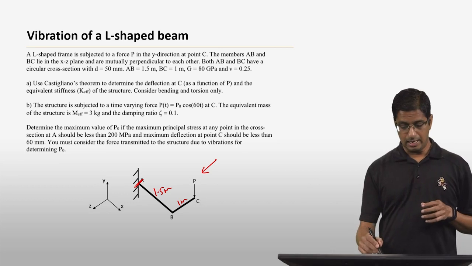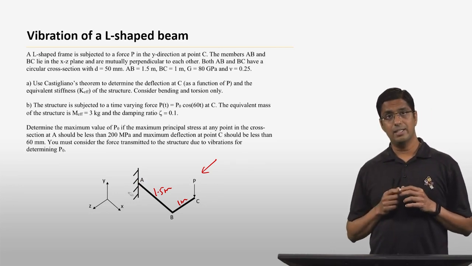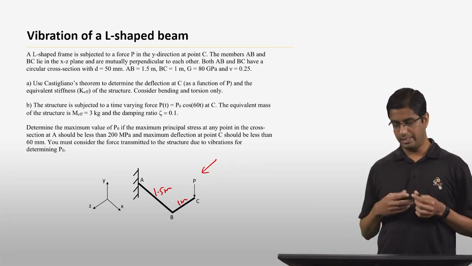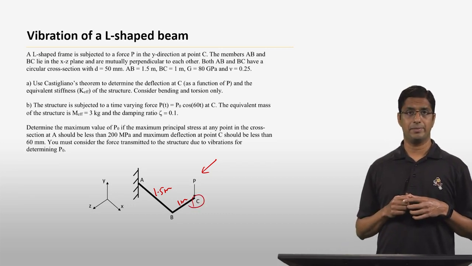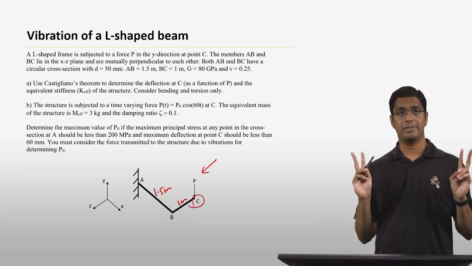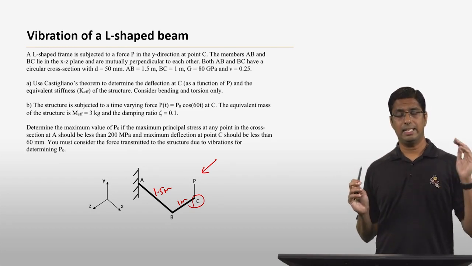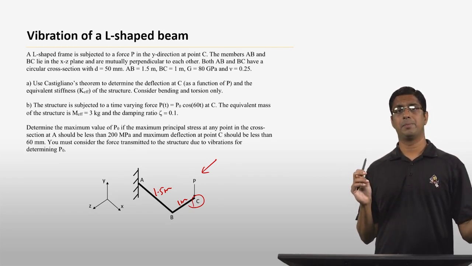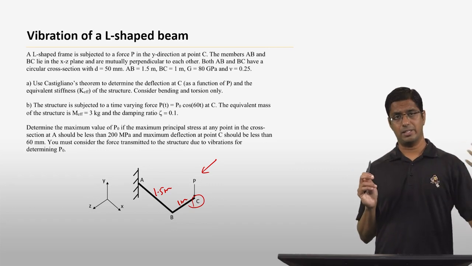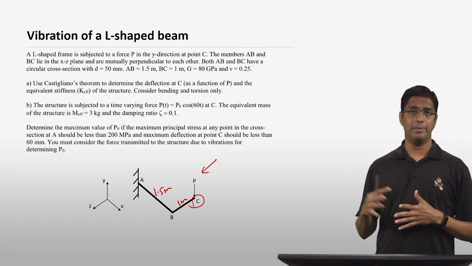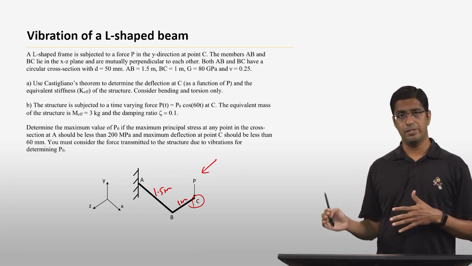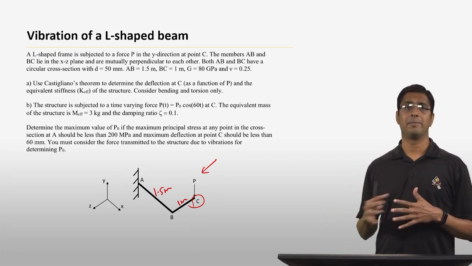You're also given another condition that the maximum deflection at point C should be less than 60 millimeters. So essentially you have to satisfy two different criteria: the maximum principal stress at the cross section at A should be less than 200 MPa, and at the same time the deflection at point C should be less than 60 millimeters.